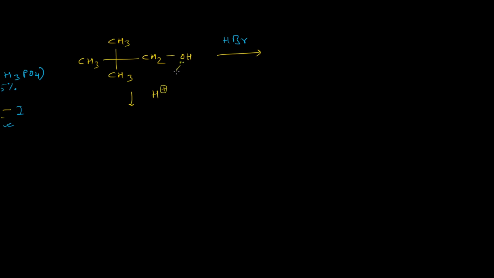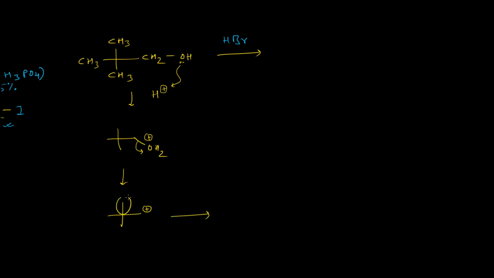If we quickly look at the mechanism, then we can easily explain this. Obviously the first step will be the protonation, and this OH will be converted into a good leaving group. Then this carbon oxygen bond will break, and this will produce the carbocation.